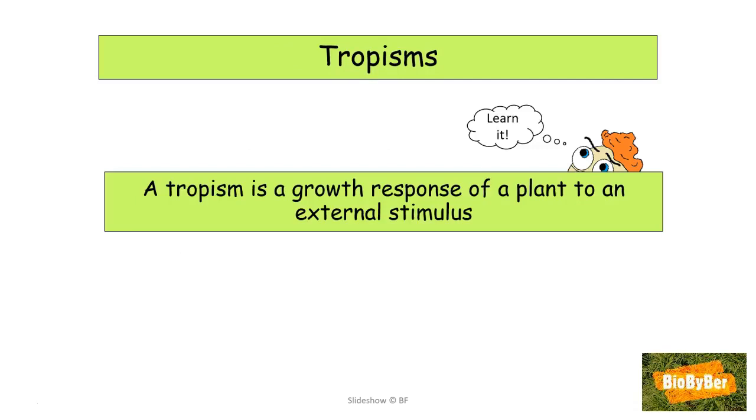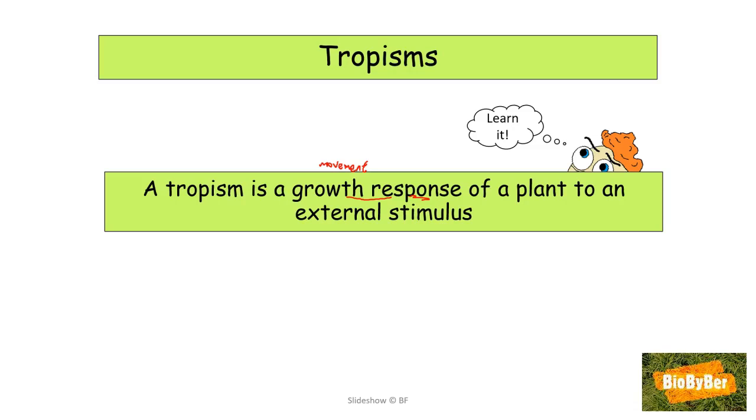What are tropisms? A tropism is a growth response of a plant to an external stimulus. The growth response will invariably involve movement, which of course will be much slower than the movement of animals, and the response is evidence of the fact that plants are living organisms and showing a characteristic of life.